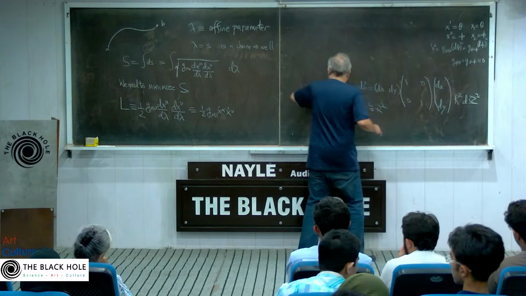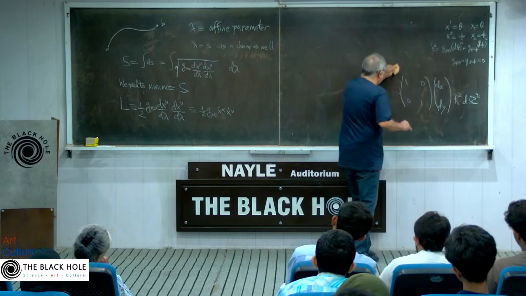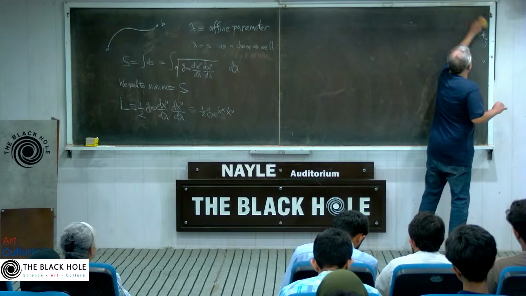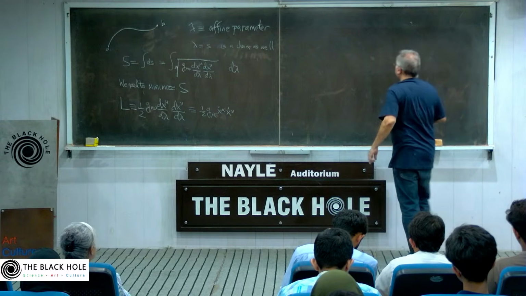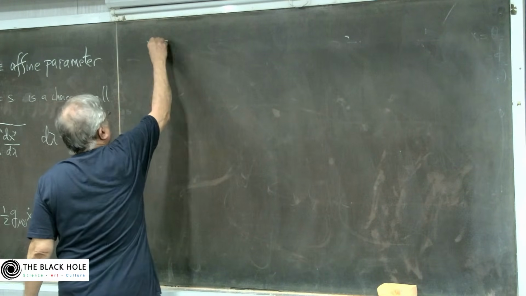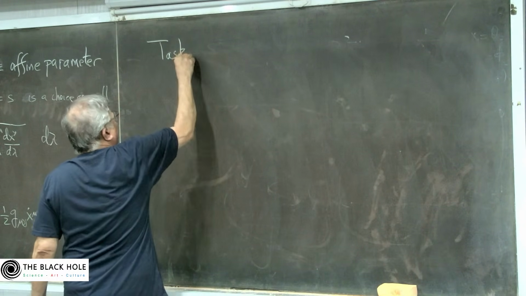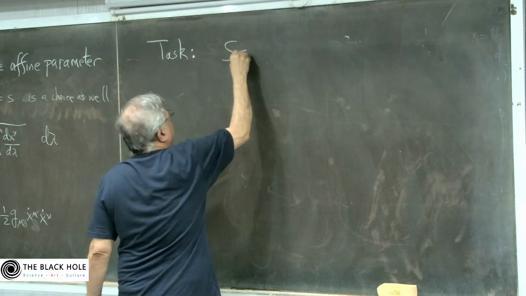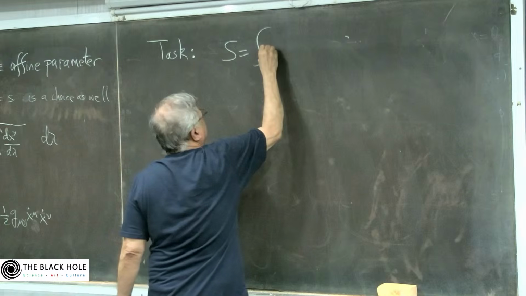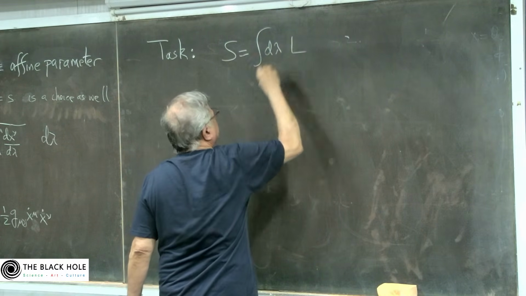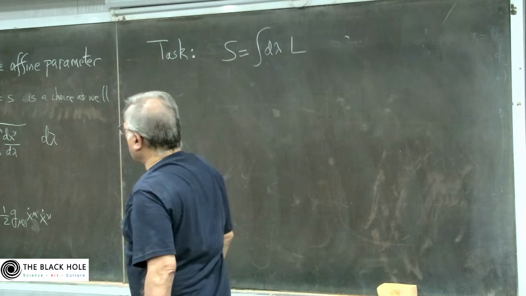Okay, so the task before us. We have S equals integral d lambda L. And where does lambda go from?